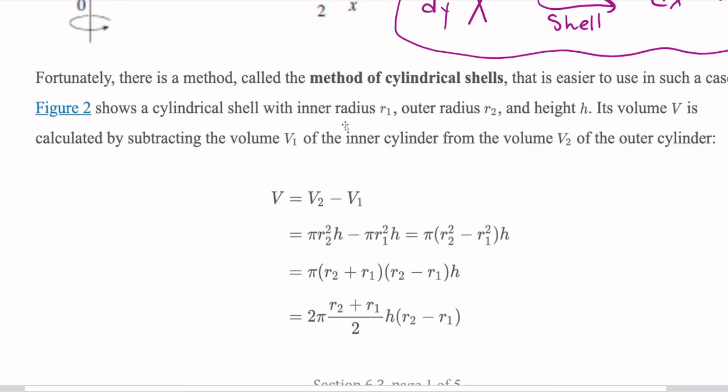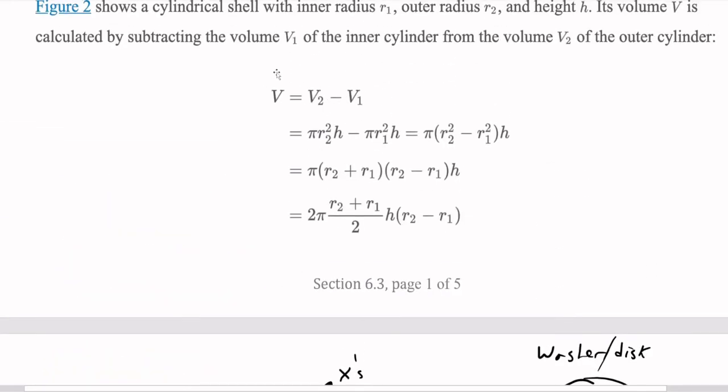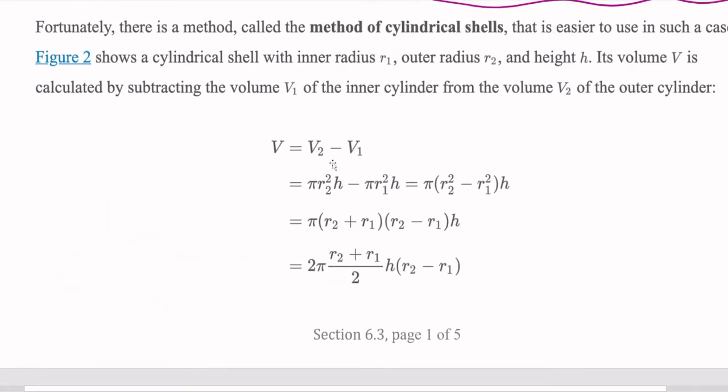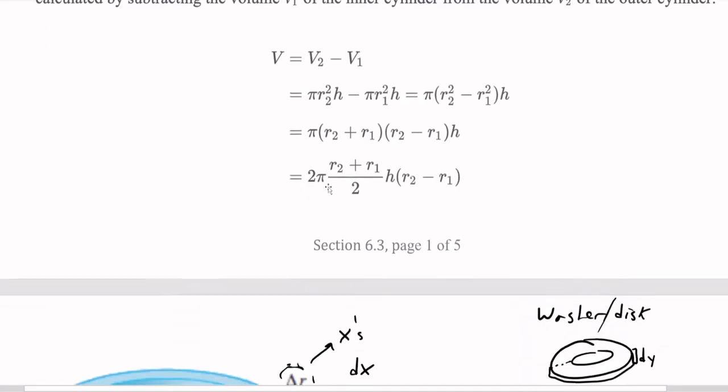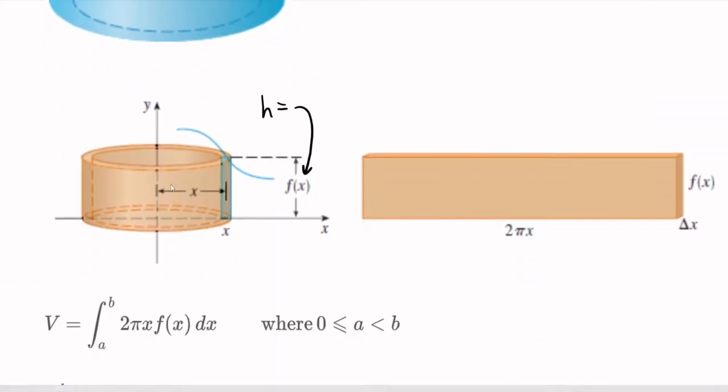You basically just do what you did for the washer. You think of this shell as being kind of a combination of two: a solid, bigger cylinder filled in minus the smaller one. That's what they're doing here when they do this. They say, okay, take a solid outer cylinder minus the inner cylinder. Okay, and so they start working through this and working through this. And when you get to this point, it's kind of neat.